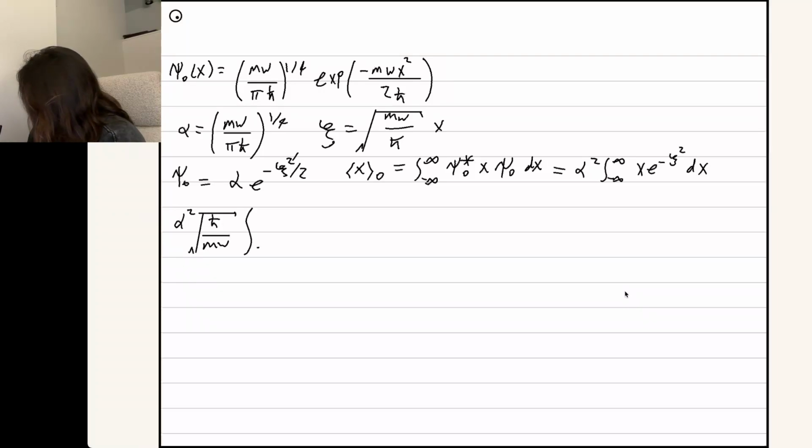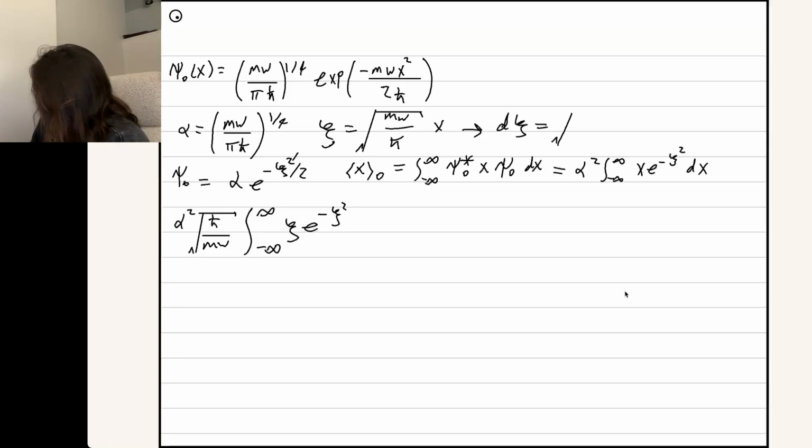And now we're doing the integral over all space of c times e to the minus c squared dc. And to get the dc, we need to take the derivative of this to get the new differential, dc equals m omega over h bar to the 1/2 times dx.